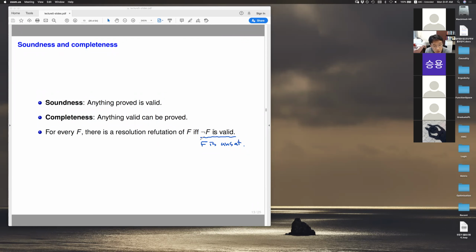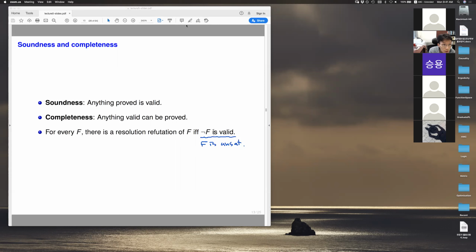This equivalence tells us that as far as showing unsatisfiability is concerned, the resolution proof system never lies, and also it's very powerful. It can let you prove everything. That's what this statement is telling us.